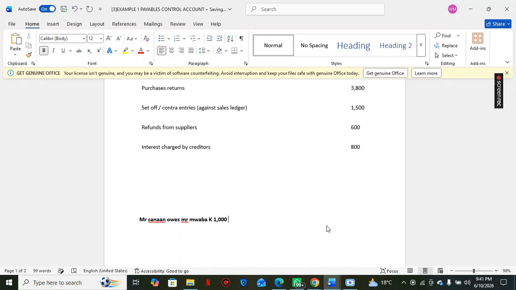So meaning, according to me, Mr. Canaan is a receivable. Then I owe Mr. Canaan 1,200. Meaning Mr. Canaan is also my payable.